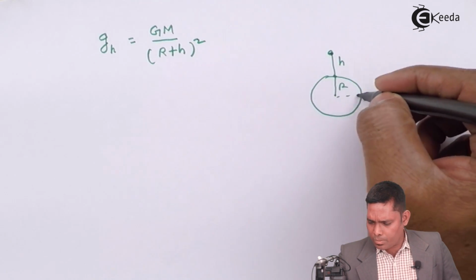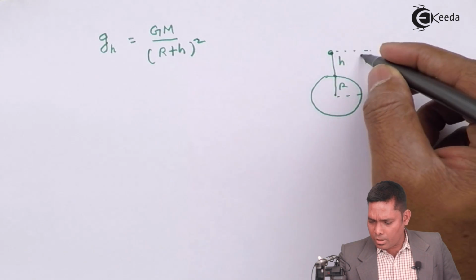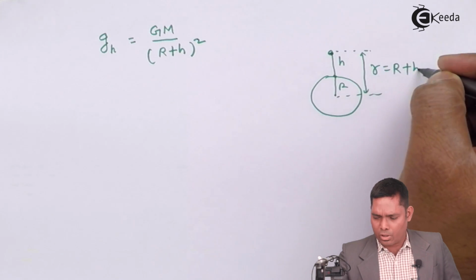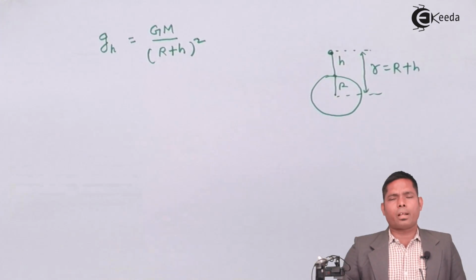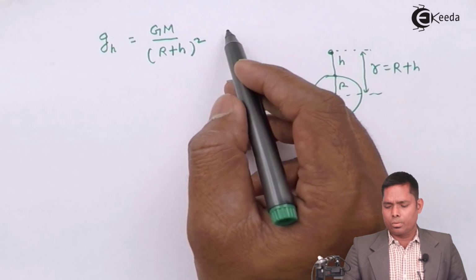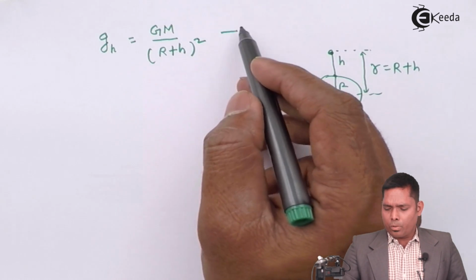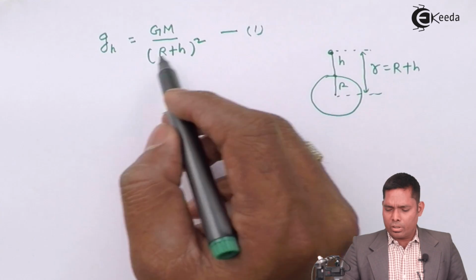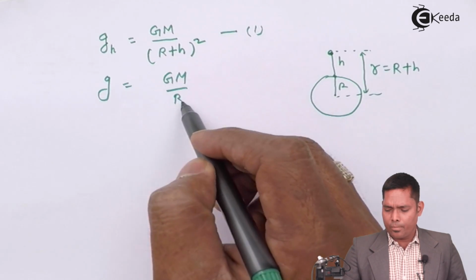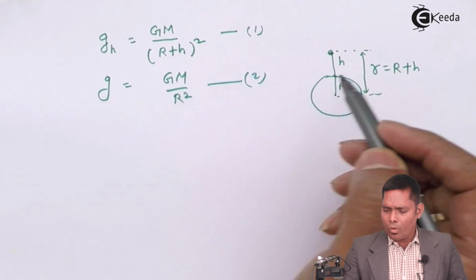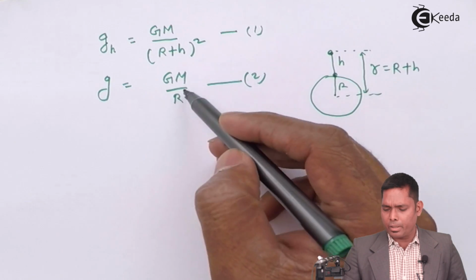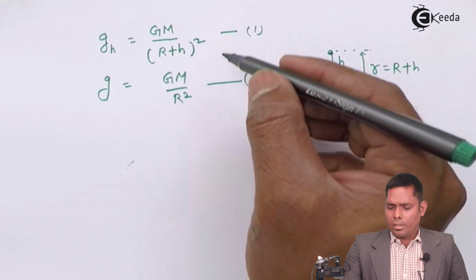So the total distance from center to this object is small r, I'll call this r plus h. So this is the point where I want to find the acceleration due to gravity, which is supposed to be this. This is suppose my equation 1. The other equation on the surface is GM over r square, because obviously for this point h is 0. If I put h is 0 here, then I'm getting GM upon r square.